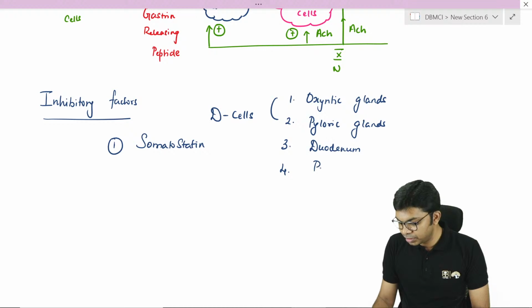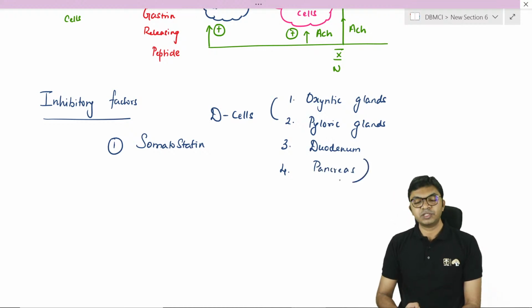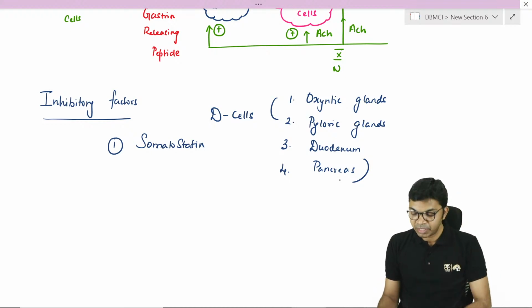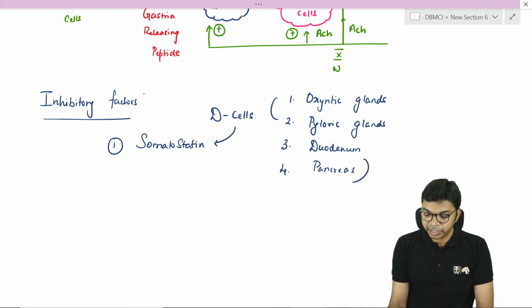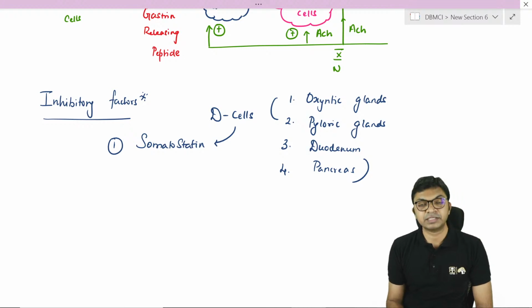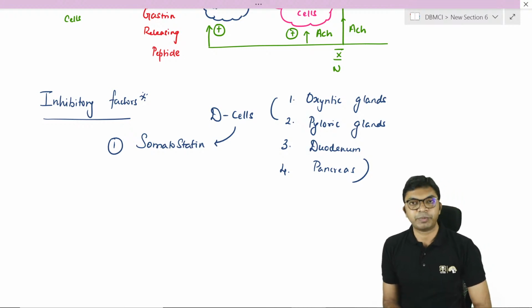D cells are seen in the pancreas. These D cells release somatostatin, and the predominant inhibitory factor for gastric acid production is indeed somatostatin, doctors.